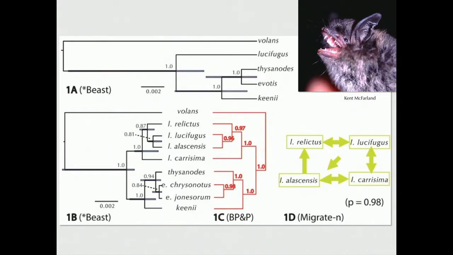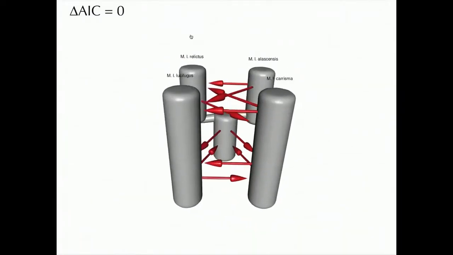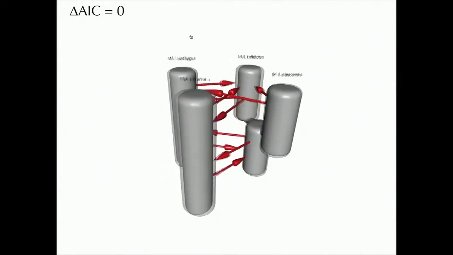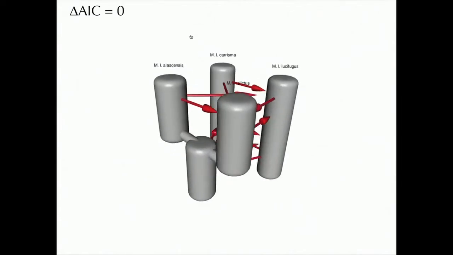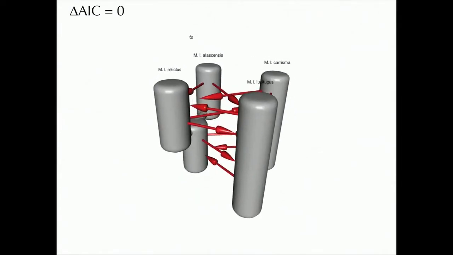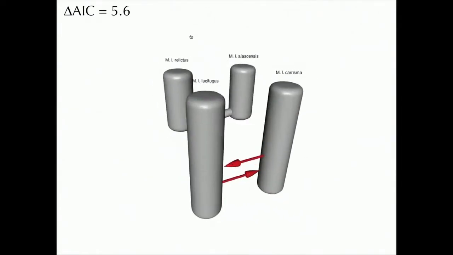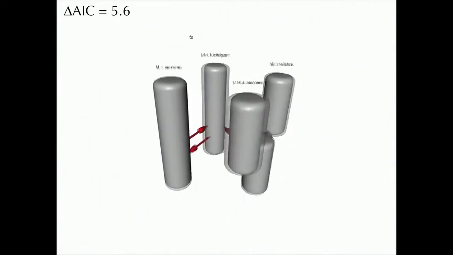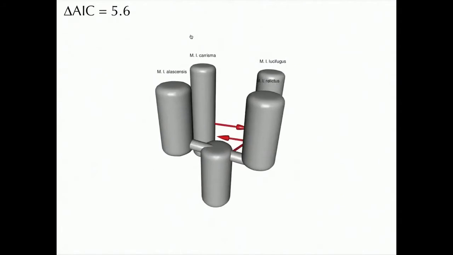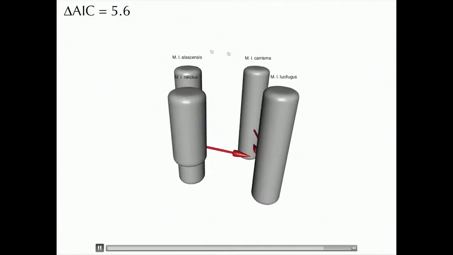We can do all those models, and find that this model is the best model, which has some population coalescence and then some migration rates, whereas this model is the second best model. It's fairly worse.